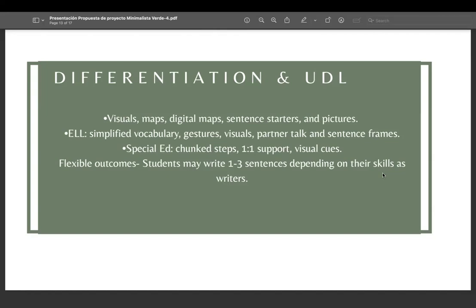For special education students, it's chunked steps, so it's not all in one but little by little, with the lesson divided. They can also have one-on-one support, so the teacher will go around and help them, or hopefully there are paraprofessionals to assist them, and they'll have visual cues as well. For flexible outcomes, students may write only 1 to 3 sentences, so depending on their skill level they can choose, and they don't really stress about it.